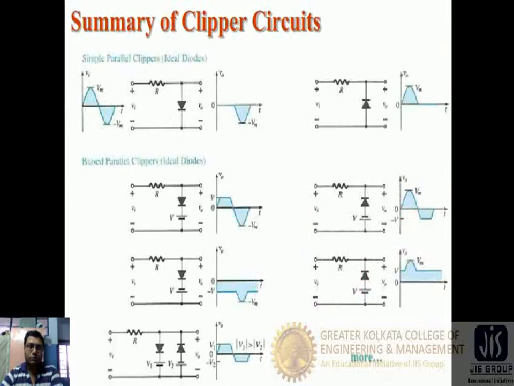Now let's come to the summary of the clipper circuits. There are different types of clippers depending on the positions and the bias applications of the voltage sources. So we can get different combinations of output signals from the same input signal depending on the positions and the biasing of the diode. We can get different types of clipping circuits.